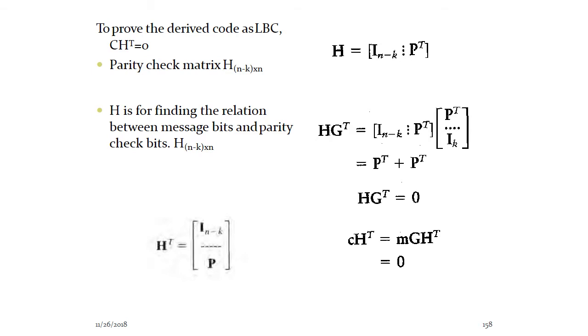So H G transpose = [I(n-k) : P transpose] times [P transpose ; Ik], that is P transpose plus P transpose, so we will get H G transpose = 0. So H transpose = [I(n-k) ; P], and C H transpose = M G H transpose = 0.